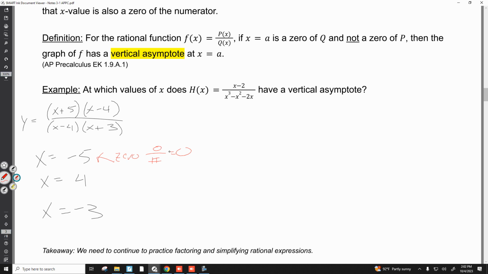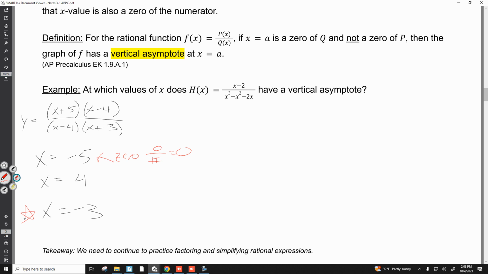Now let's plug in -3. Everybody plug in -3 and tell me what you get when you plug in -3. But let's be a little bit more specific besides undefined. Just tell me what you get. Like, what are the values you get in the numerator and the denominator after multiplying things up?